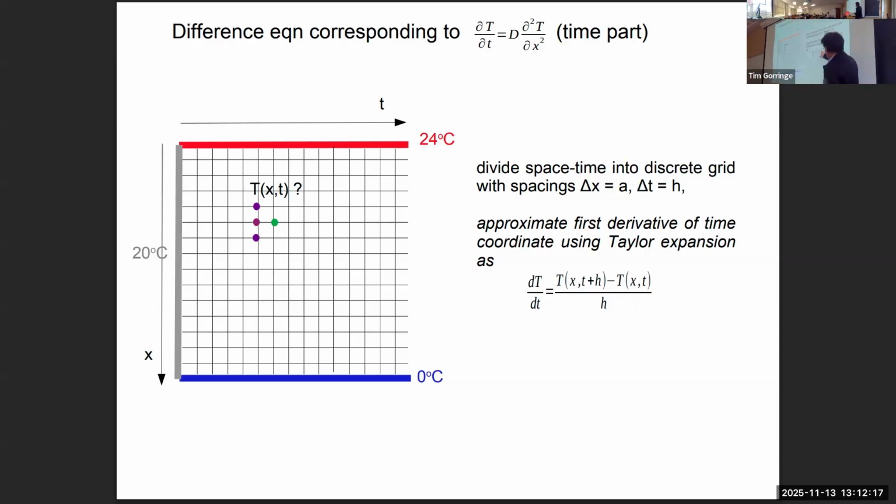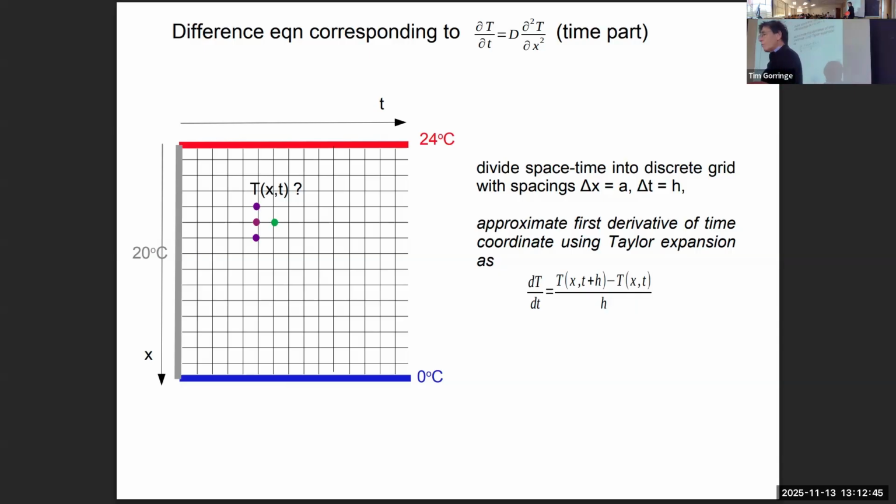We can write down the slope of the function as a difference equation. Again, this comes out of Taylor expansion. We just need to sample the function at 2 different times, t plus h and t. So these are the 2 times. h here, like a on the previous slide, is just a little increment in time rather than an increment in space. And so this is the replacement we're going to make here.